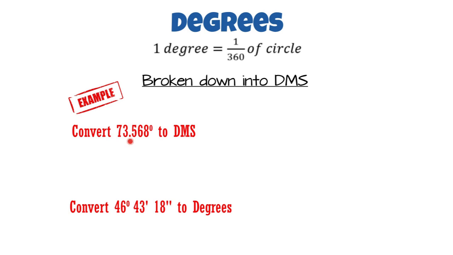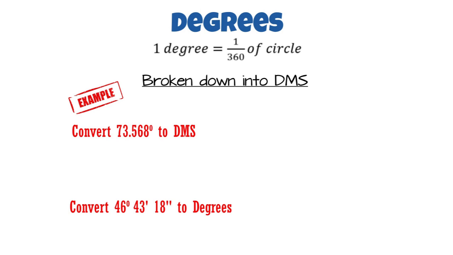When I see 0.568, well, that's over half of another degree, so the minutes part would be over 30 minutes. That's what that 0.56 means. It's not 56 minutes or 568 minutes. It's a portion of a degree, and minutes and seconds are broken down by 60s, just like on a clock.